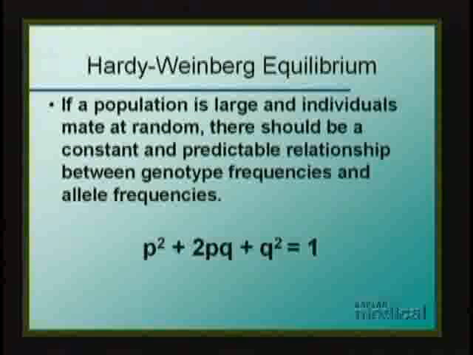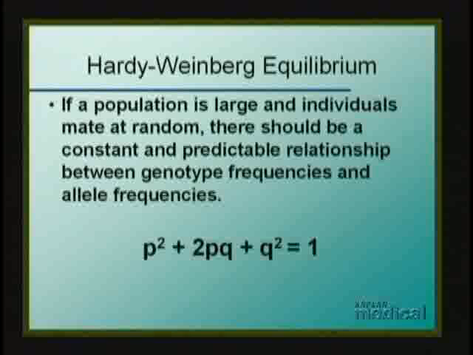What Hardy and Weinberg determined is that if a population is large, and if we have random mating in that large population, then there should be a predictable relationship between those genotype frequencies and allele frequencies for essentially all genes.